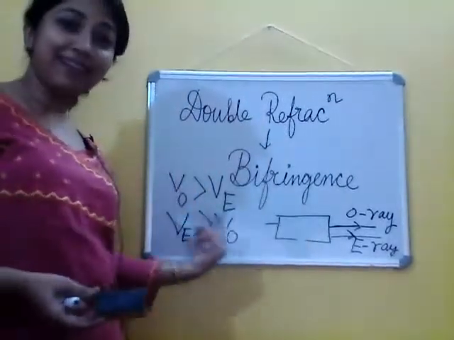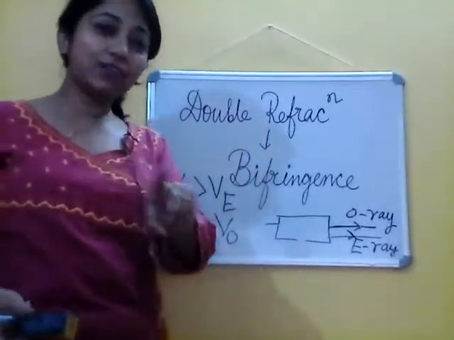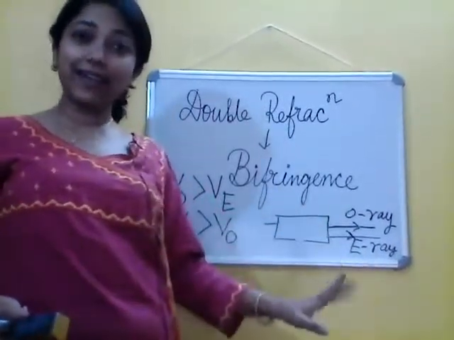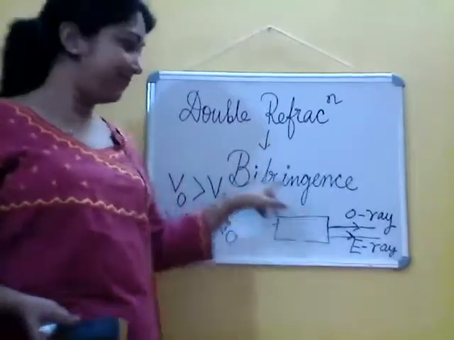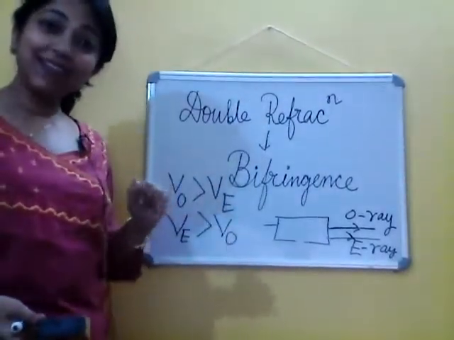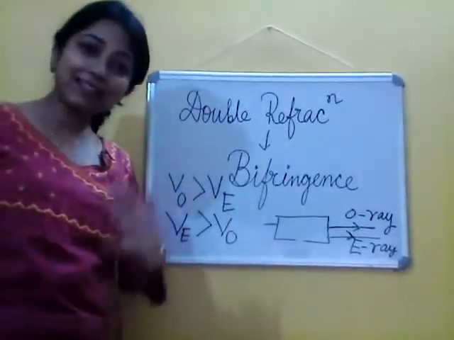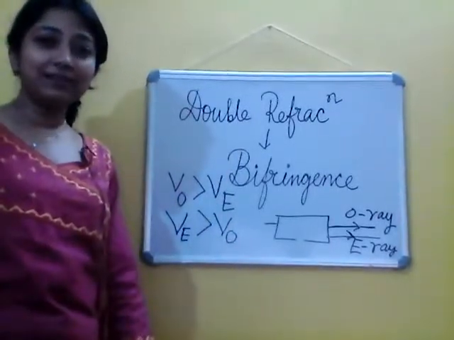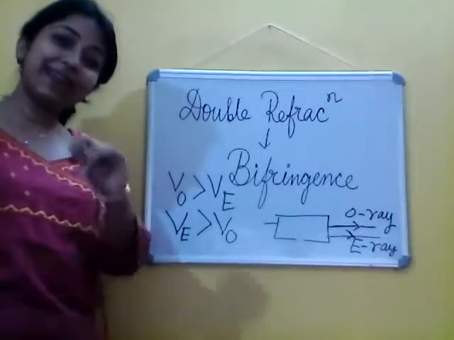In the same manner, in a crystal, if the velocity of the ordinary ray is greater than that of the extraordinary ray, the ray which does not follow rules, this will be a positive crystal. Whereas, just like the society where the bad people are doing better than the good people, I will call that society a negative society.